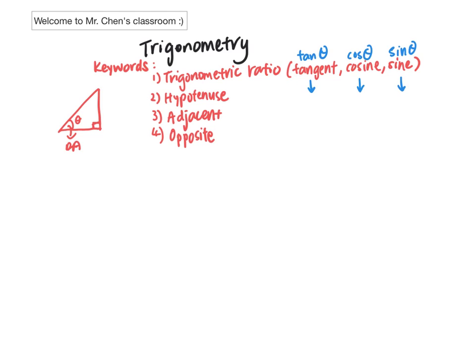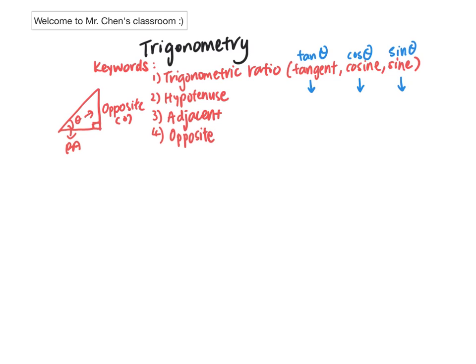So if the reference angle is here, the opposite will be literally the side opposite the reference angle.